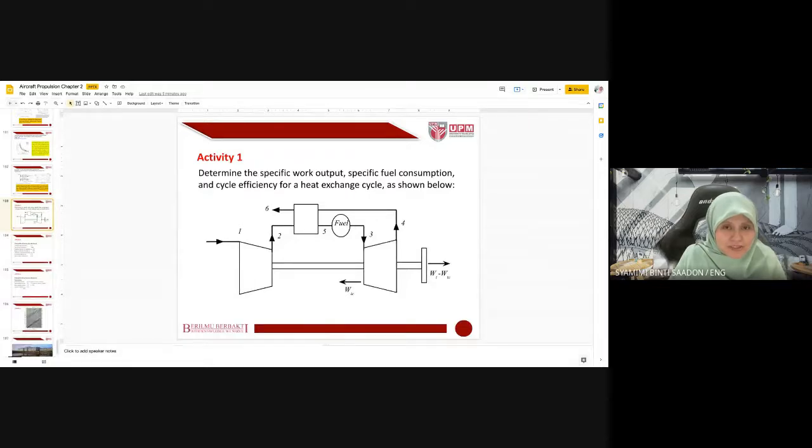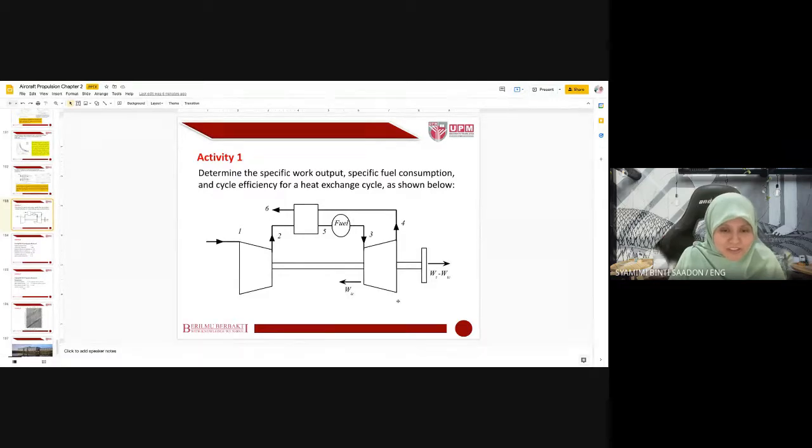You can either look at the slides I sent you, or look in this Google Meet. This is an example of a gas turbine cycle with a regenerator, the extra heat exchanger, and this is the compressor, turbine, etc.